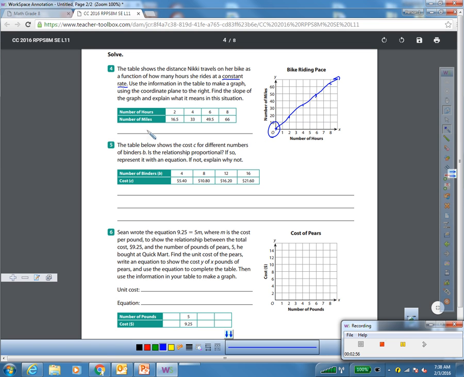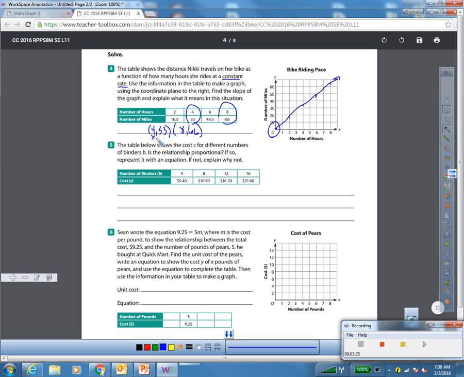Okay? And then we could use 2 points to go ahead and find our slope. So go ahead and plug them into your y2 minus y1. And you can pick any 2 points you want. I'm going to pick these 2 because I don't have to deal with decimals then. So I'd have (4, 33) and (8, 66).